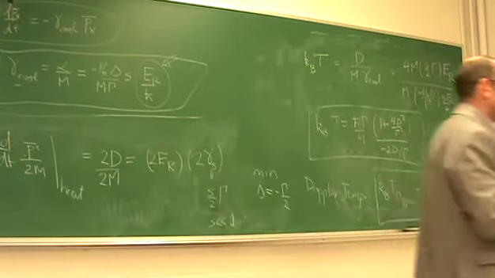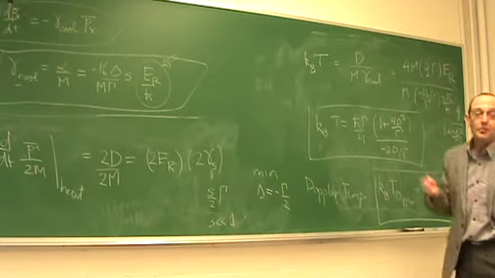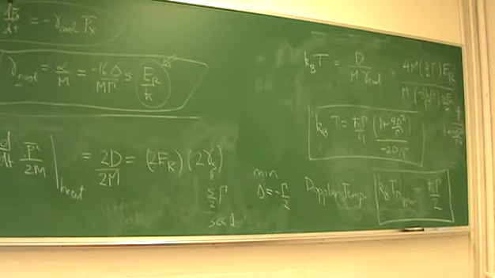Now, I should say there was one sleight of hand, maybe more than one, but one important one here. When I describe this process, I talked about this in terms of the motion along one direction.